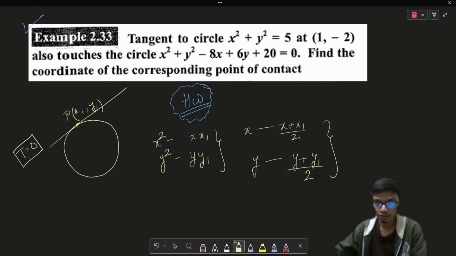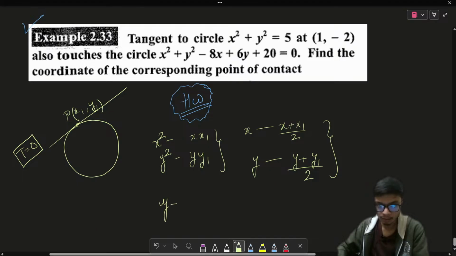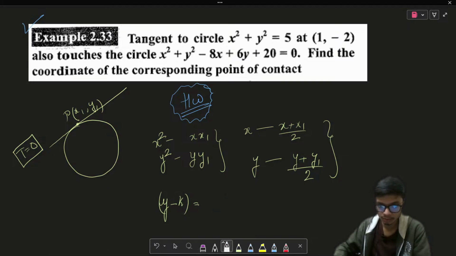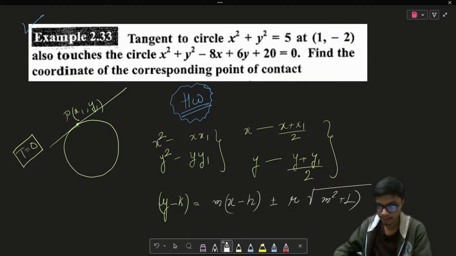Along with that, we also saw how to write the equation of tangent in the slope form, and that was y minus k equals to m times x minus h plus or minus r square root of m square plus 1.